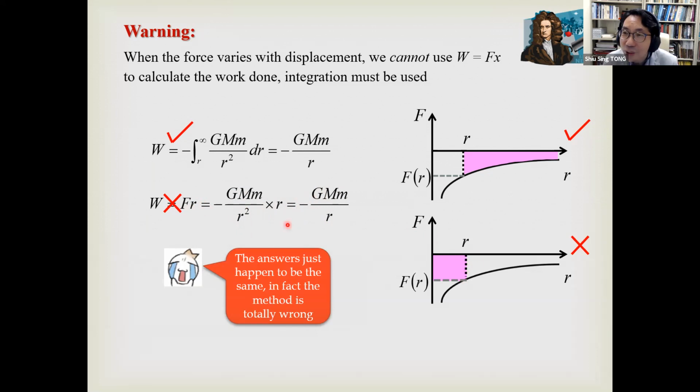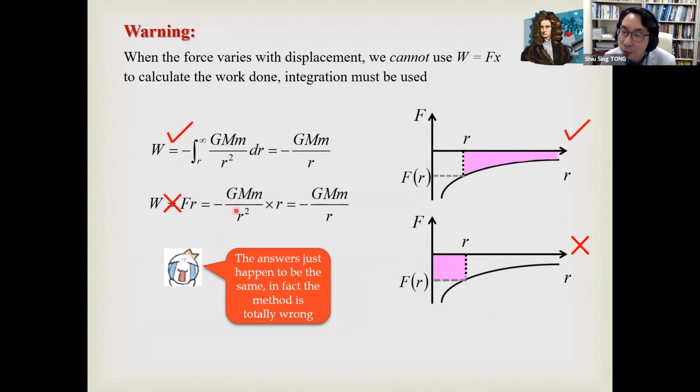The force is also the final force, right? But not the force in general over the whole journey. So the final force multiplied by the final r is just the square area, this rectangular area here. And it just happened that this area and this area are equal. There's no guarantee that these two areas are equal. It just happened in this particular example.